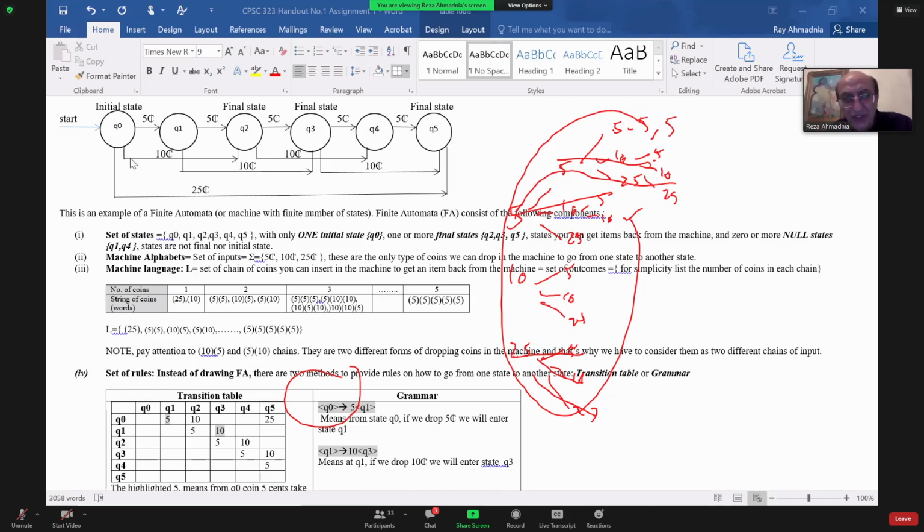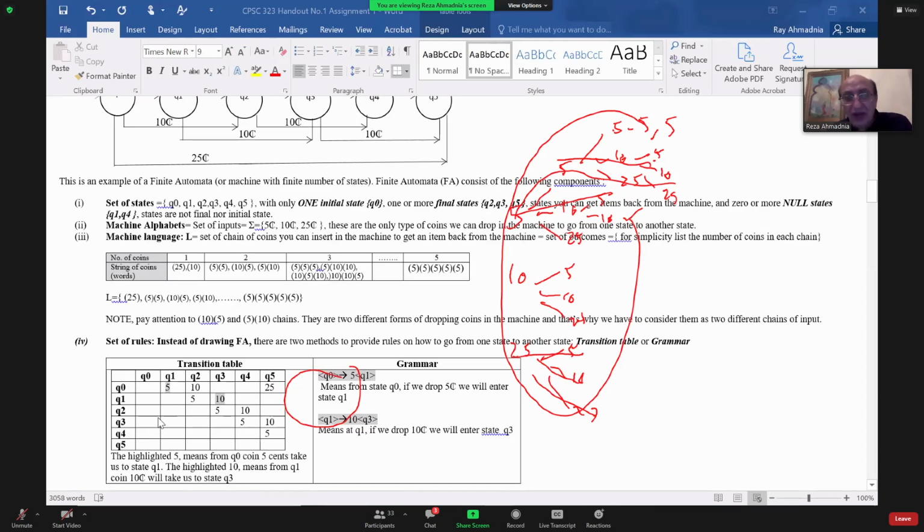At state Q0, if I drop 10, I go to Q2. At state Q0, if I drop 25, I go to Q5. Any information here, you can have here too. And then you have to specify which is the initial state and which are the final states.